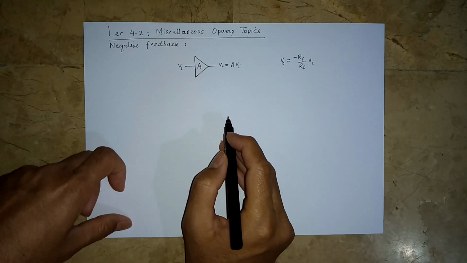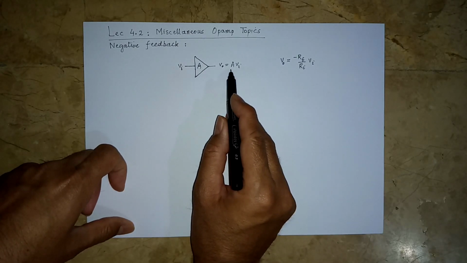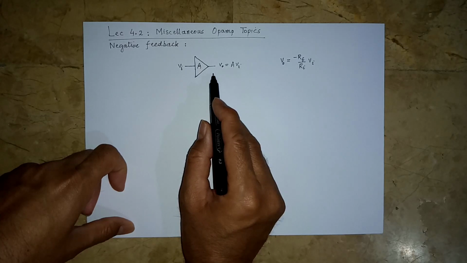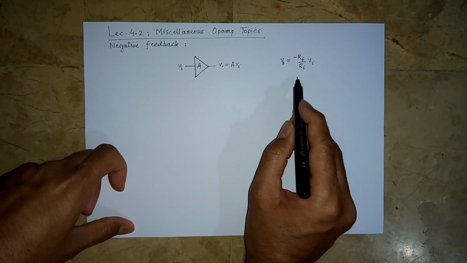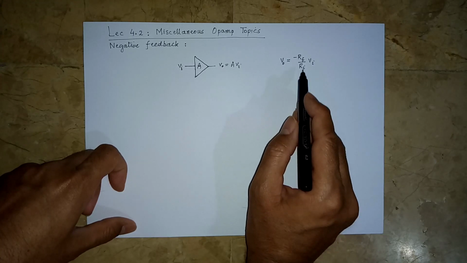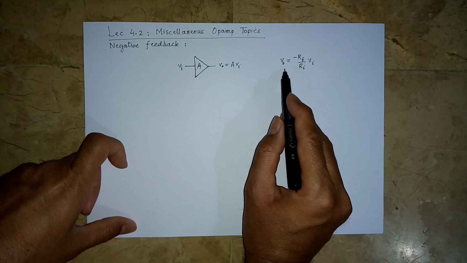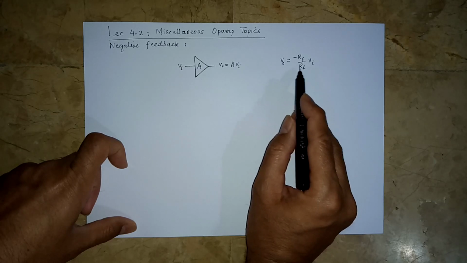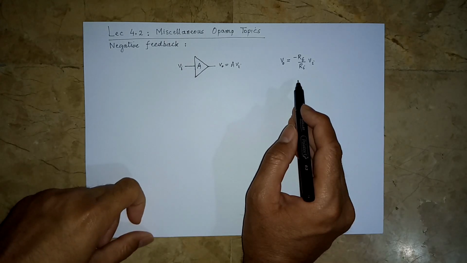Here the output depends on this A. In the open loop configuration, there is no feedback, but when we use a negative feedback circuit, the output does not depend on A any longer.